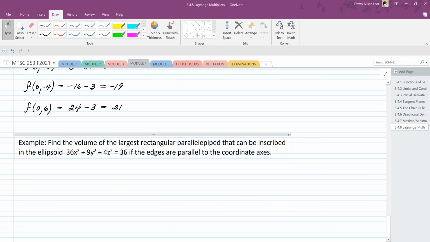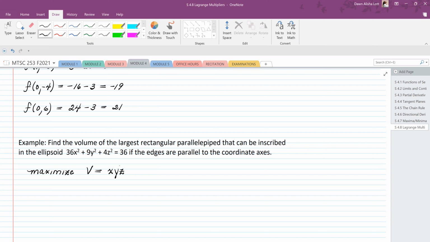So let's see. We want to find the volume of the largest rectangular parallelepiped. So we want to maximize volume, and the volume of the parallelepiped was xyz because it was bounded by the coordinate axes, so it's only in the first octant.